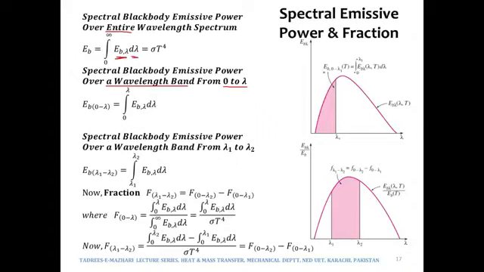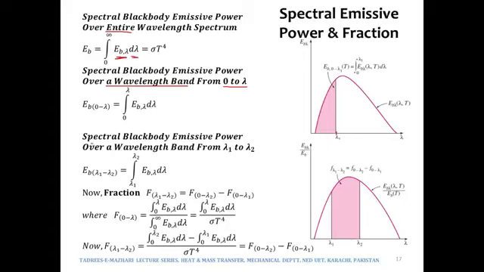It is represented as E_b 0 to lambda 1. If this is lambda 1, starting from 0 to lambda 1, what would this fraction be? That would be the integral of E_b lambda from 0 to that particular value of lambda, whether we call it lambda or lambda 1 or lambda dash.